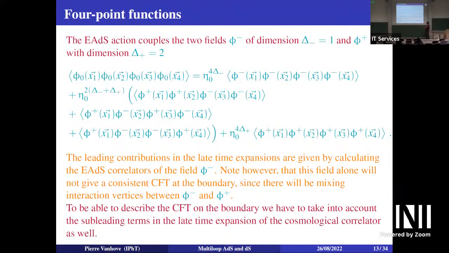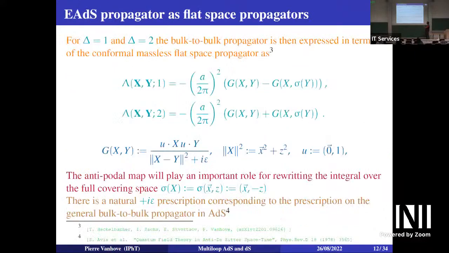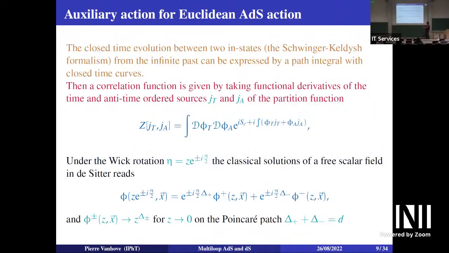Now I want to compute this 4-point correlator, phi 0, and I recall that the field phi 0 after the Wick rotation has 2 components. In the case of de Sitter space, dS4, it will have a component of conformal dimension 2 and a component of conformal dimension 1.